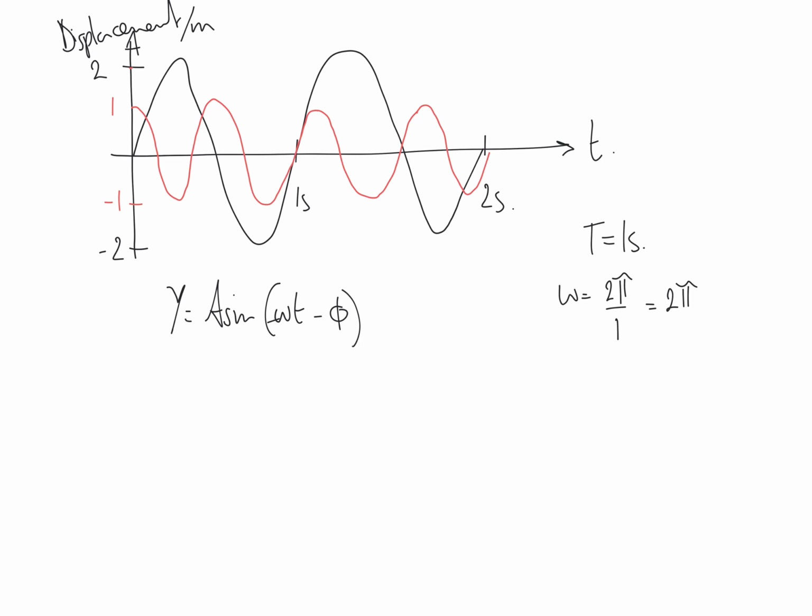Because it's 2 pi. The red, however, the time period is equal to half, or 0.5 of a second. Omega is going to be the total number of radians gone through divided by the time period. It can be 4 pi. I suppose we call this radians per second.